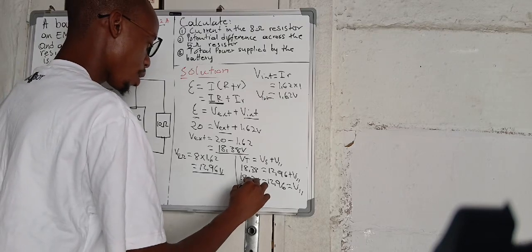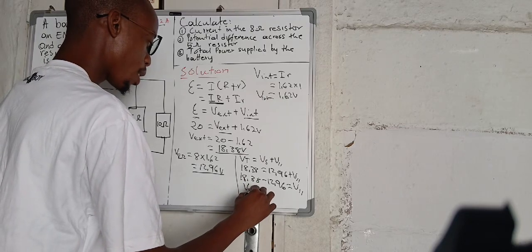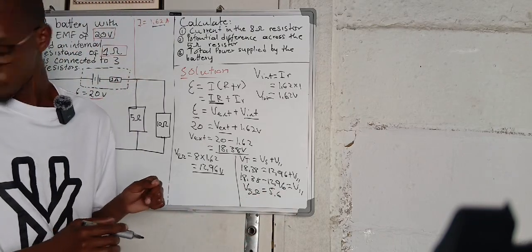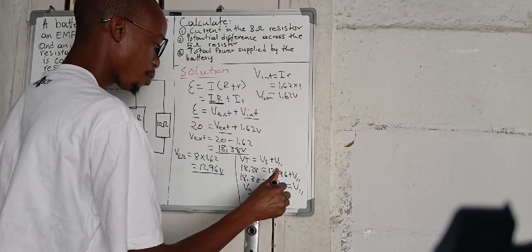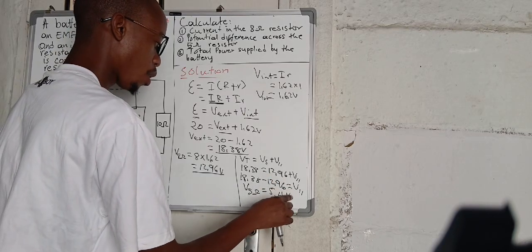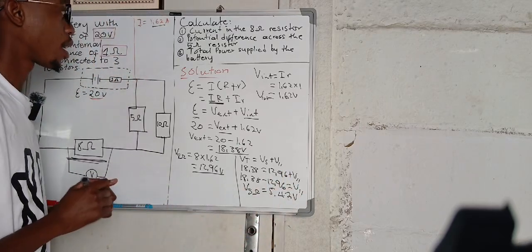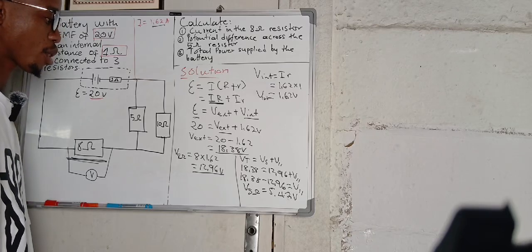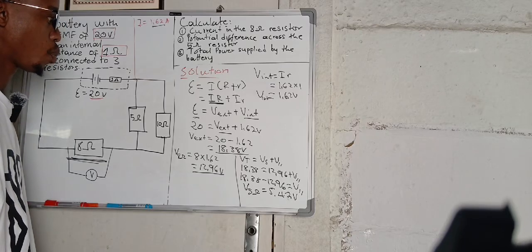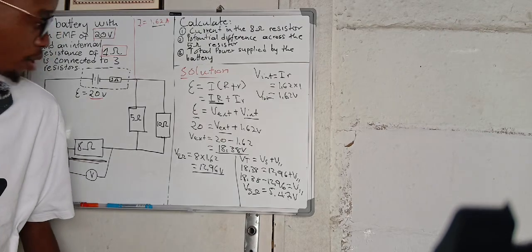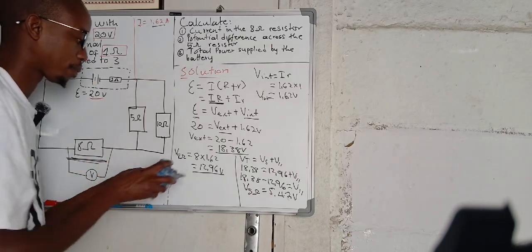So we can say the voltage across the 5 ohm resistor is 5.42 volts. That's about it for this particular question. I hope it makes sense. Let's proceed to the last question.